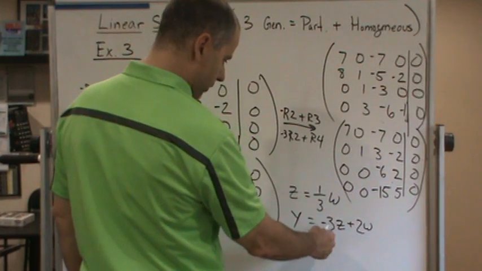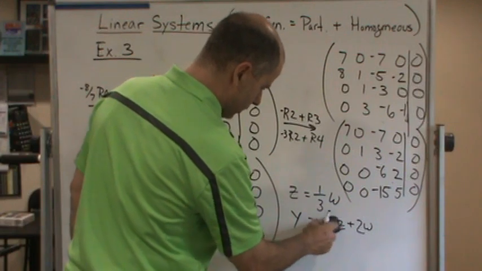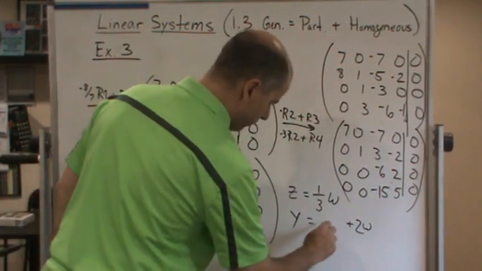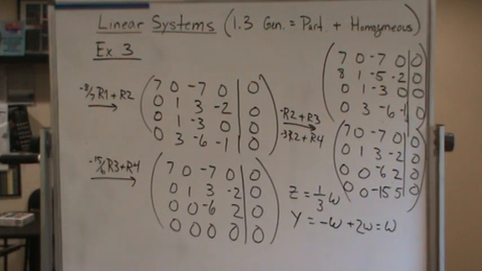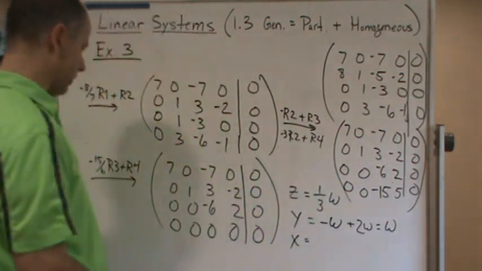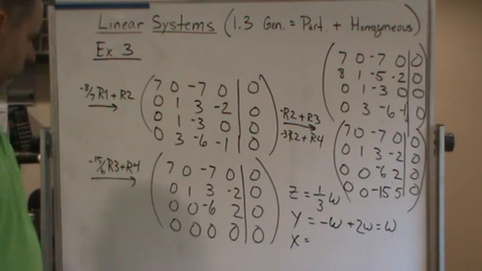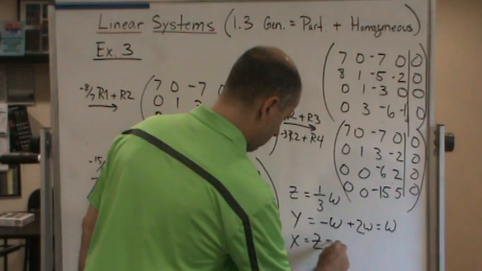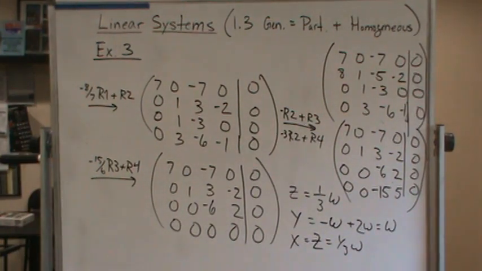But since Z is 1/3 W, what are we going to get? 1/3 W times negative 3 is just going to be negative W, which plus 2W is just going to equal W. And then X equals Z, which equals 1/3 W.